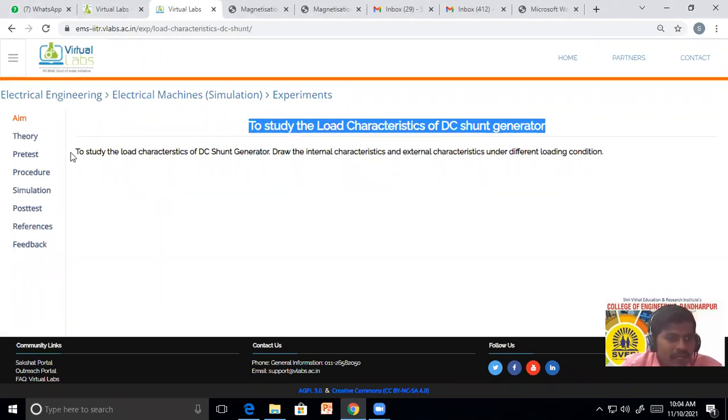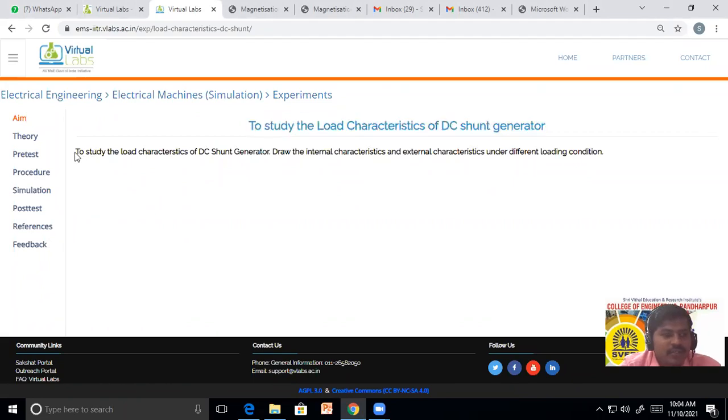See, the aim of that experiment is to study the load characteristics of DC shunt generator, and draw the internal characteristics and the external characteristics under different loading conditions. At different loading conditions we want to draw the external and internal characteristics. External characteristics and internal characteristics आपल्याला काय करायचे, determine करायचे.